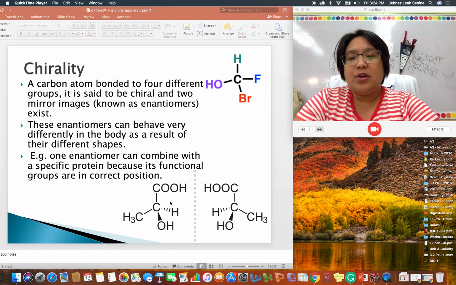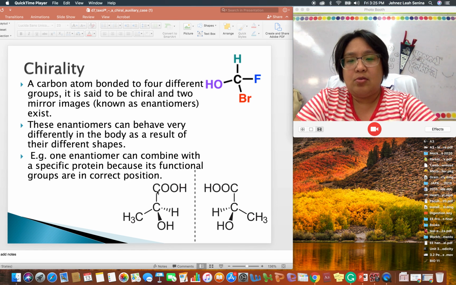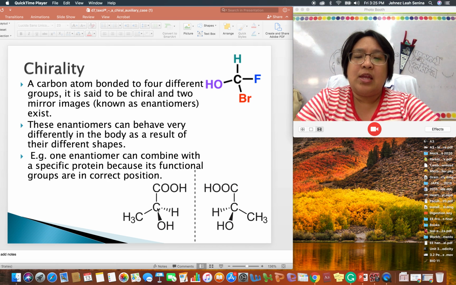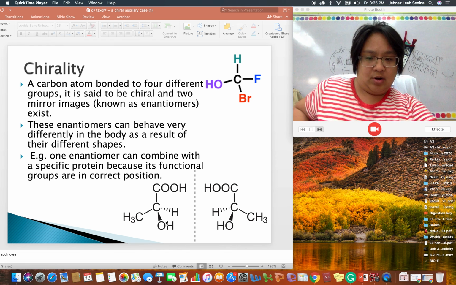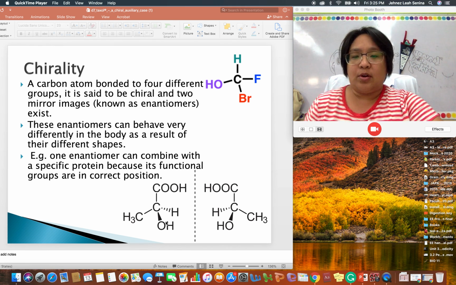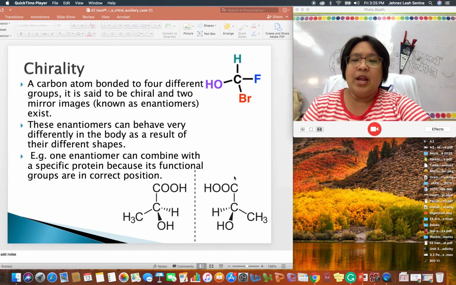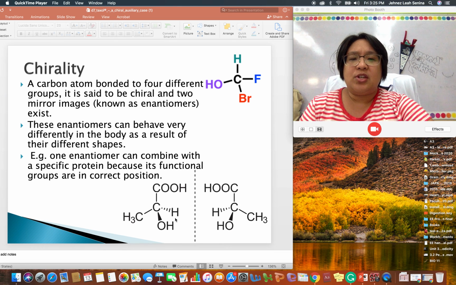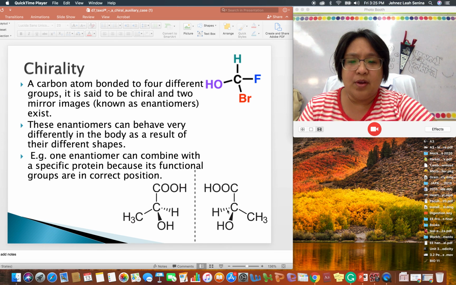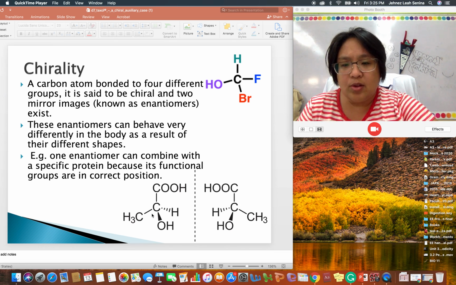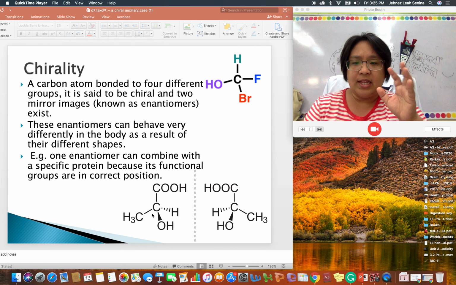All right, so for example, this molecule right here is a chiral molecule. It has one, two, three, four different groups around the carbon. So this molecule can have an enantiomer, another mirror isomer of itself, like this molecule right here. Although they are mirror images, they are non-superimposable. If I put this on top of this molecule, it's not going to be exactly the same.